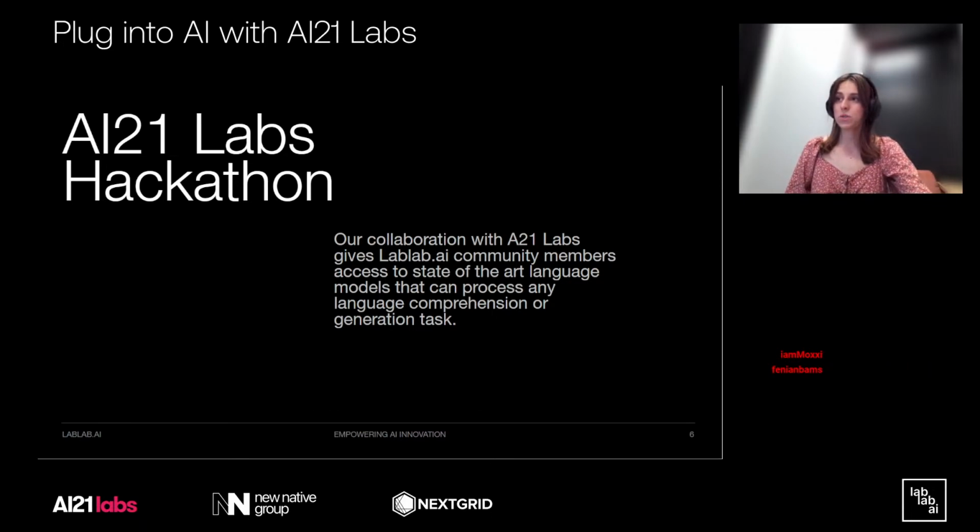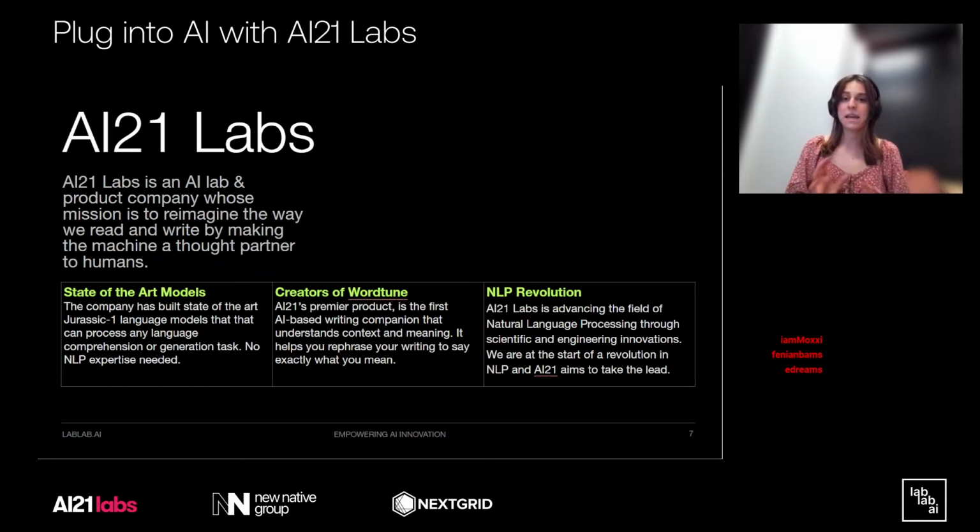But let me first move on to some benefits of AI21, I would say AI21 Studio, not just Labs in general. First of all, it has state-of-the-art AI models, which means their large language models have pretty good performance potential, and your project can really benefit from using the model.